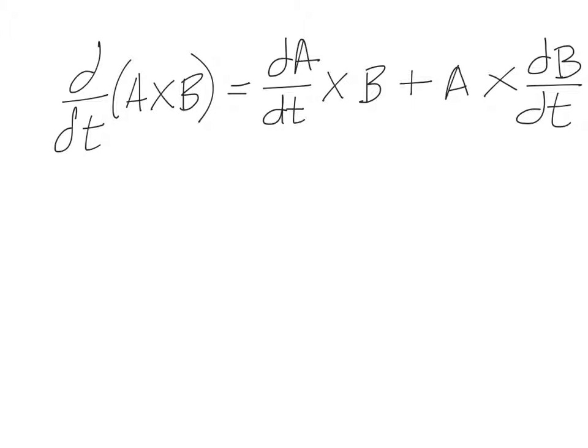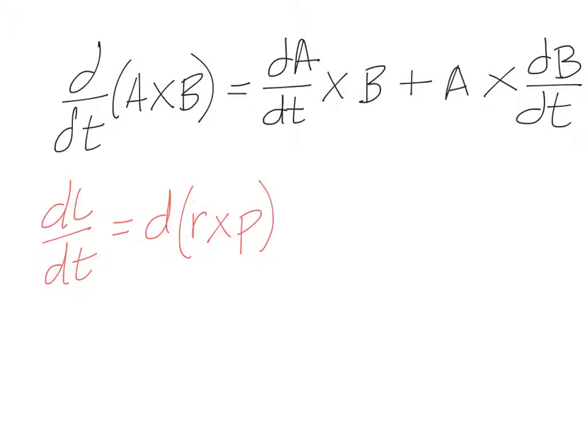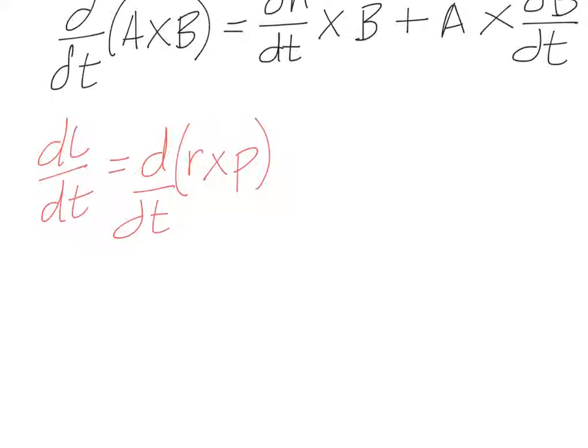So let's try to apply it to the system where we're doing dL dt. When we're doing dL dt, we're actually taking d of r cross p with respect to time, using the rule. Let me just move this up here to give us a little bit more room.